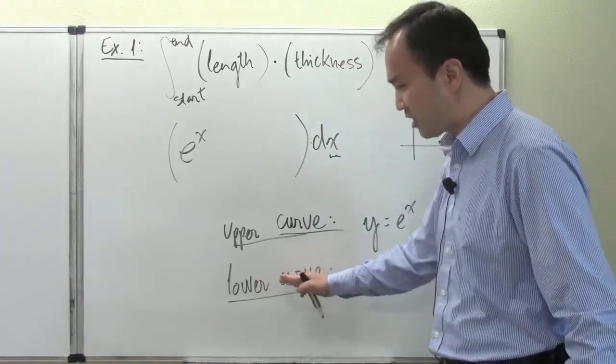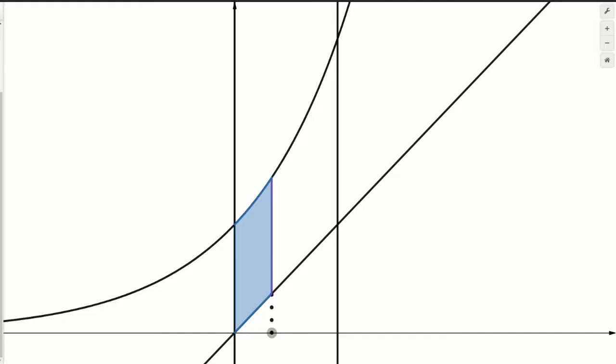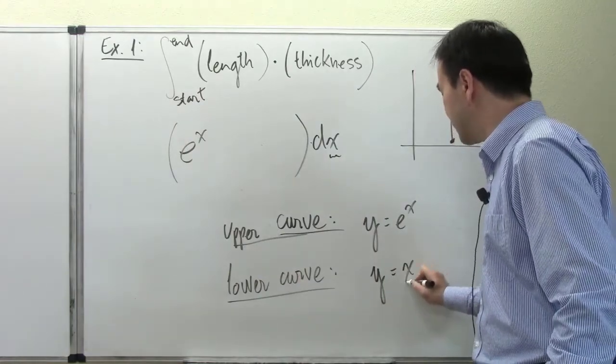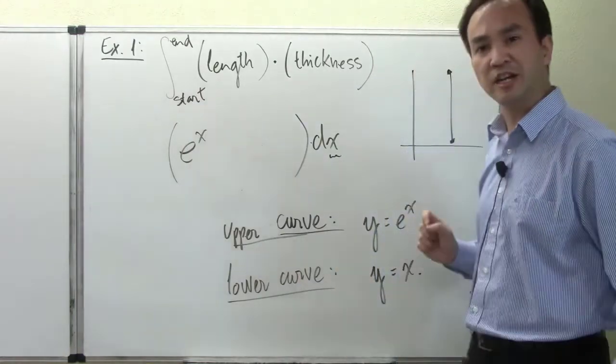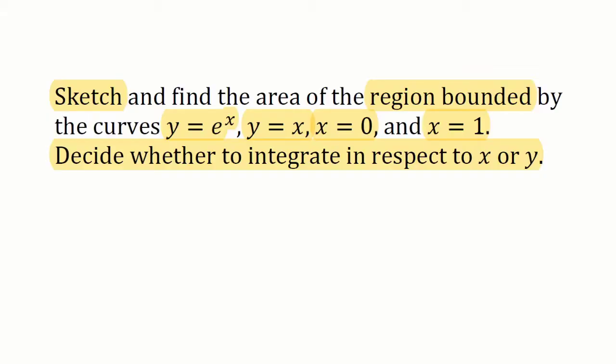Okay, so the lower curve in this case is, again, let's look at the graph right here. The graph we have right here, this straight line, is obviously, according to the picture, below the bent curve, and this straight line was the graph for y equals x. So in other words, we have found the lower curve to be y equals x. The reason I have to specifically mention it and use the graph to indicate is that the lecture note itself will never tell you.